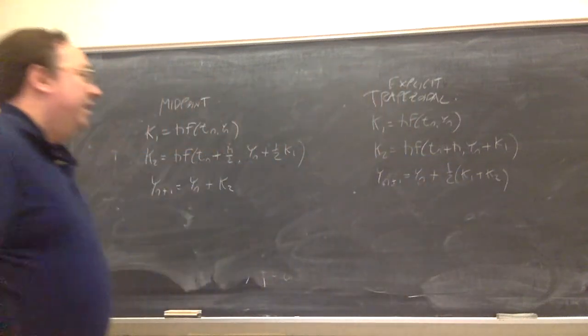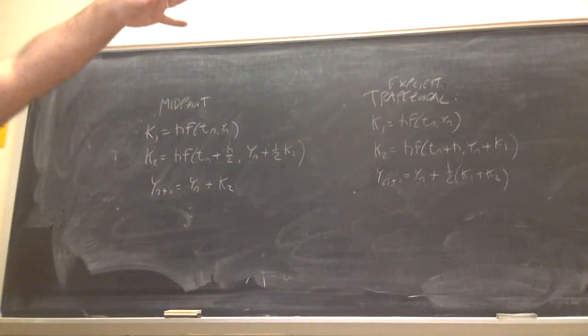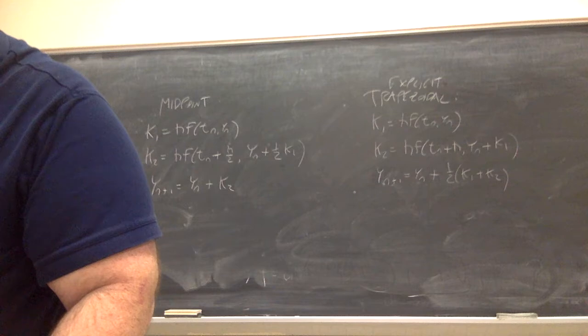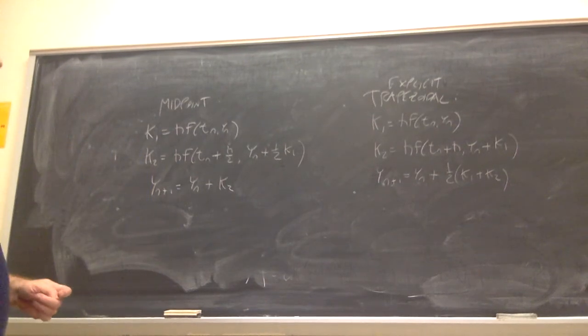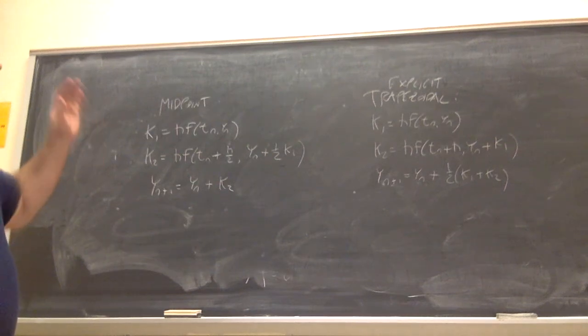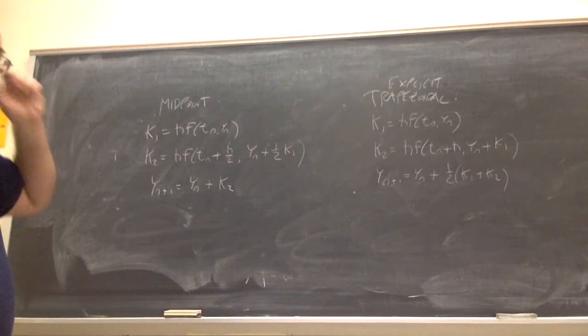Okay, so you should convince yourself that what I've written over here is equivalent to what I wrote over there. Same methods, but here it's more obvious how many stages are involved. And it's typical for stages to depend on the results of earlier stages.